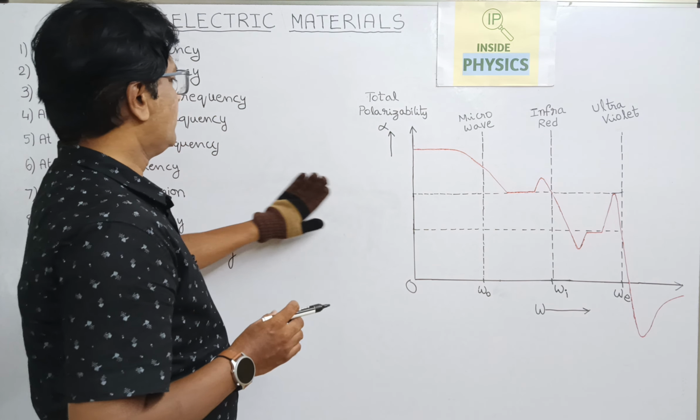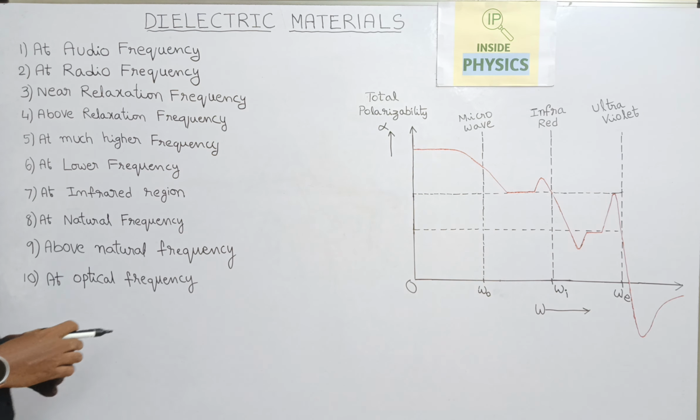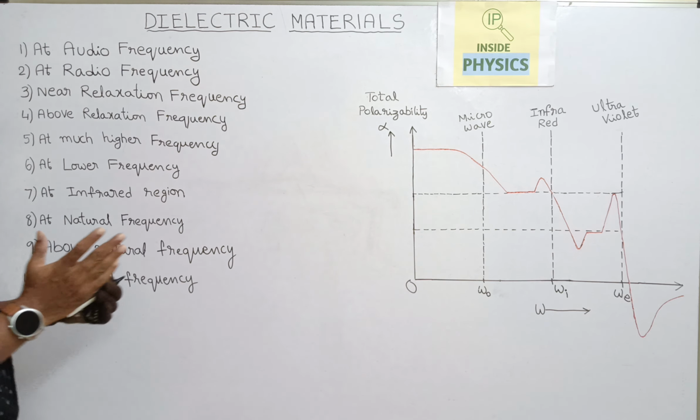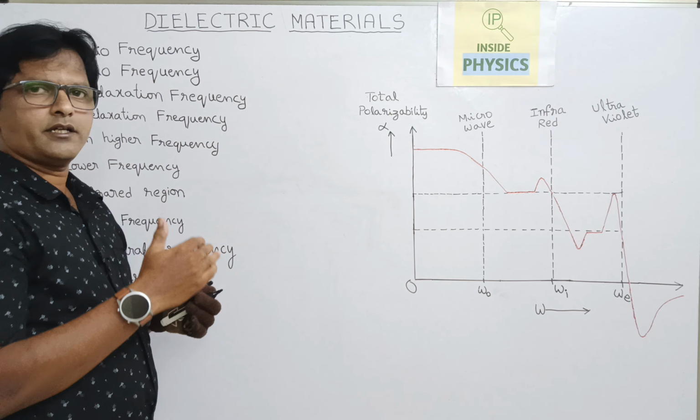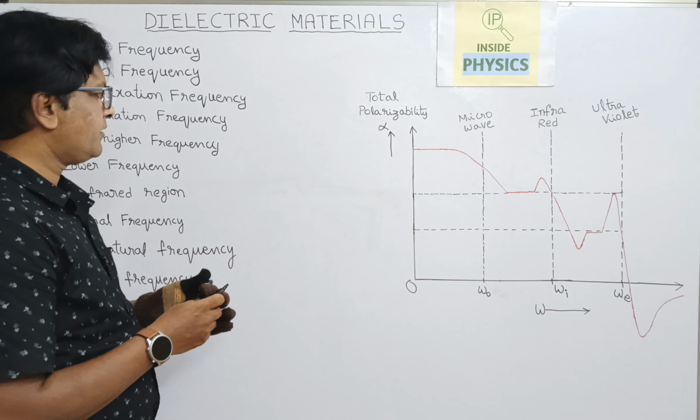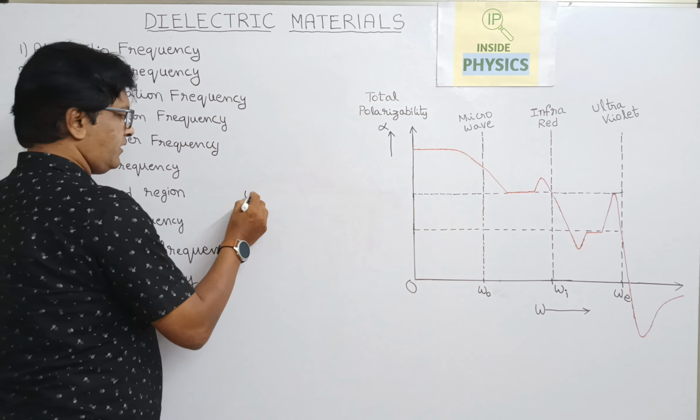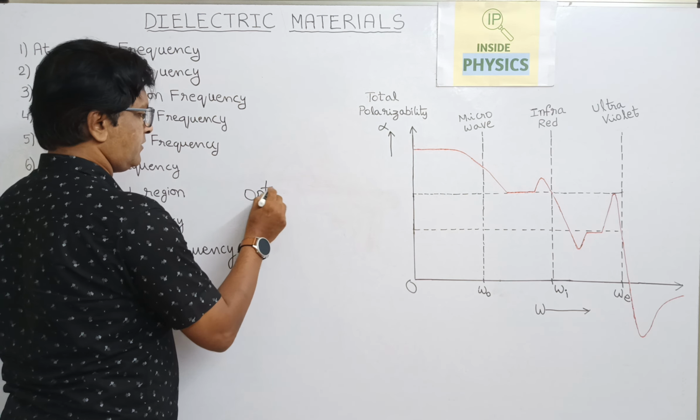Here the frequency of the visible region is called the optical frequency. In this optical frequency, the electron clouds vibrate in the totally polarized dielectric material at optical frequencies.